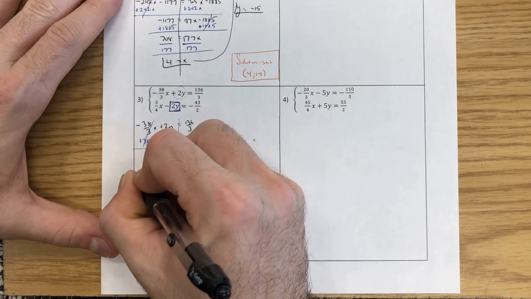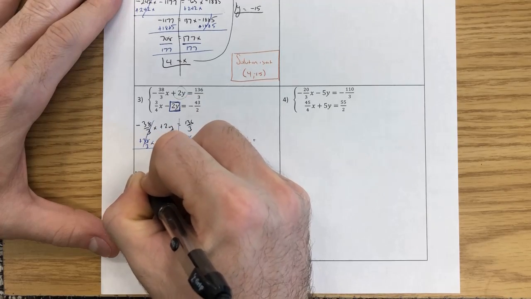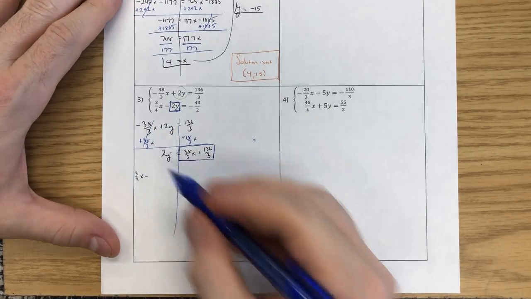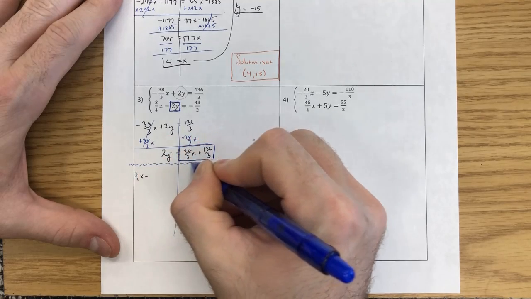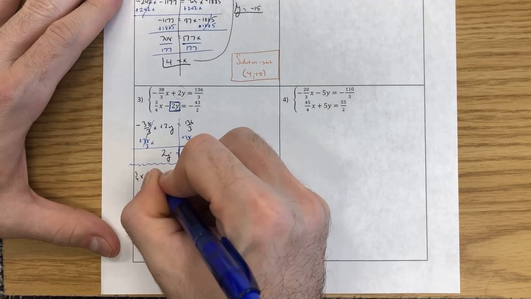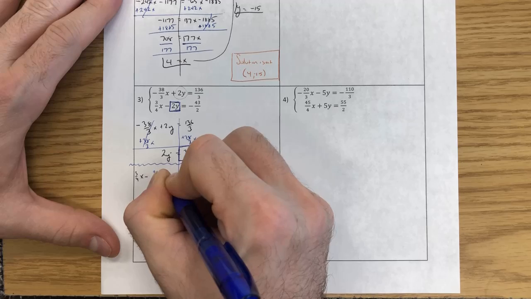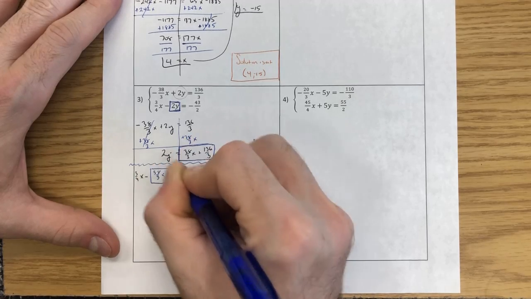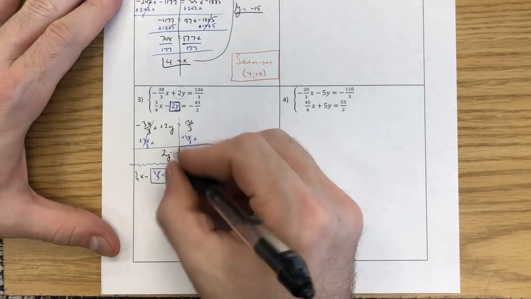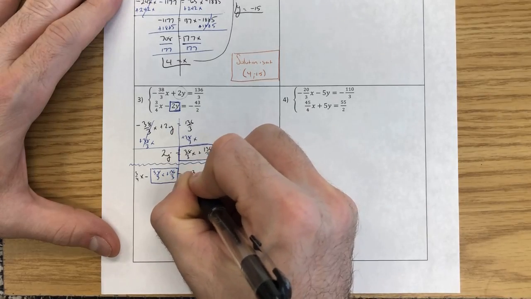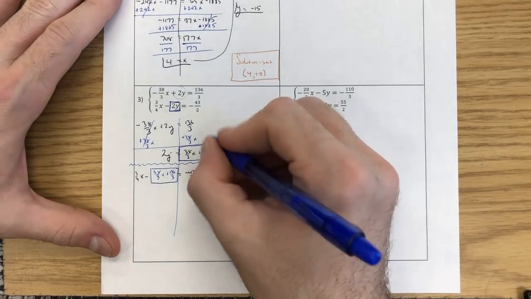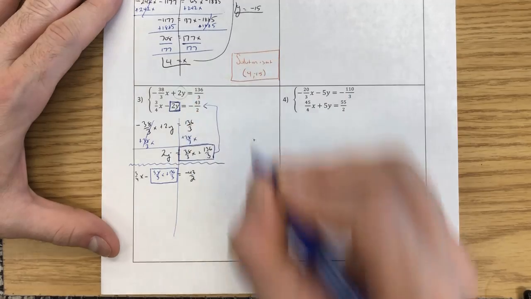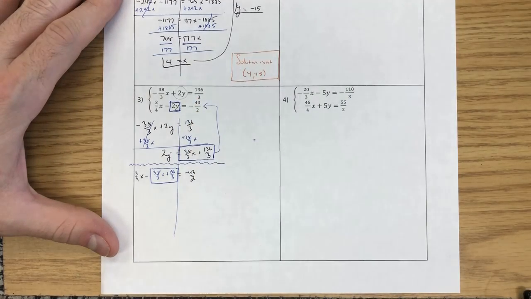So I would say, okay, 3/4 x minus 38 over 3x plus 136 over 3. I would plug that in to this equation right there.